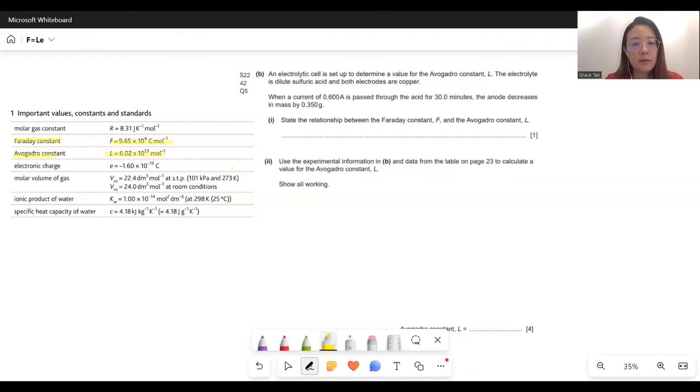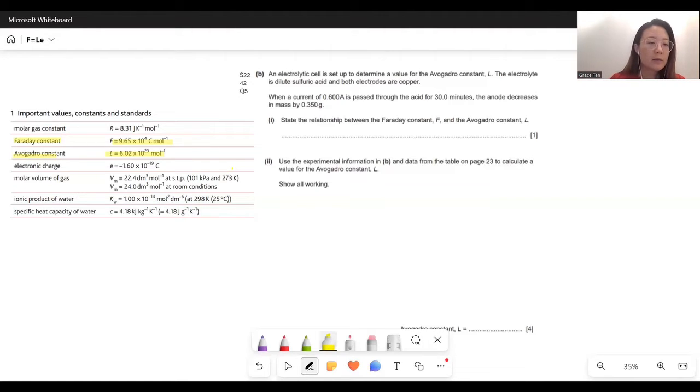My advice is to always refer to your question paper's version of L. If you use an older data booklet, you will get to see things like 6.022 times 10 to the power 23. So please always refer. I know that a lot of us have already engraved the Avogadro constant in our mind, but please use the number that is quoted in the question paper.